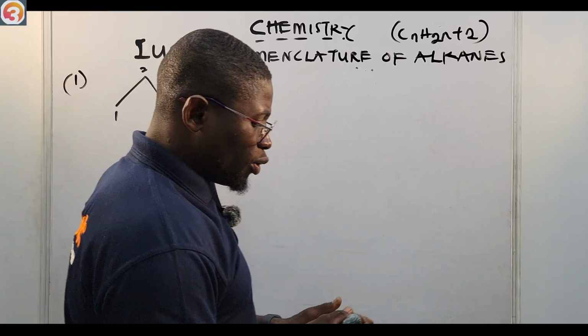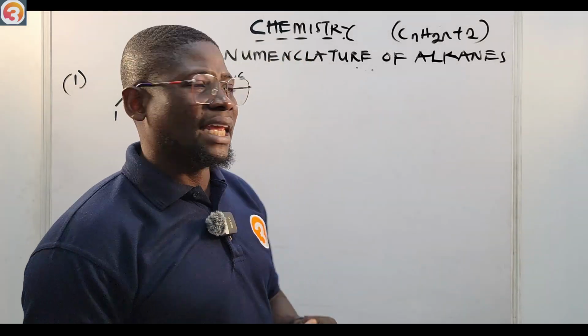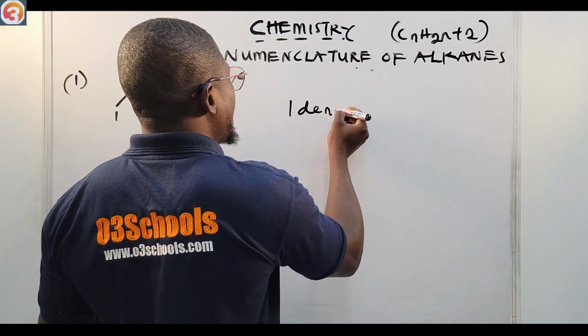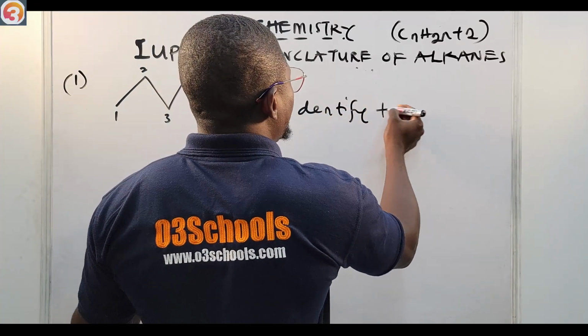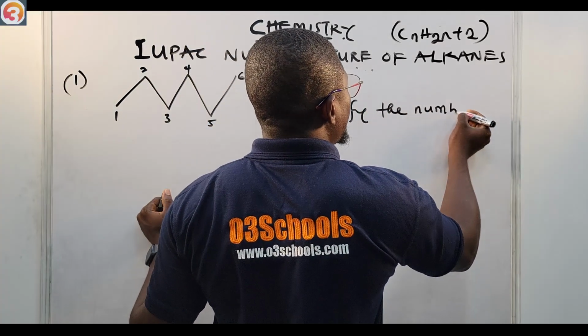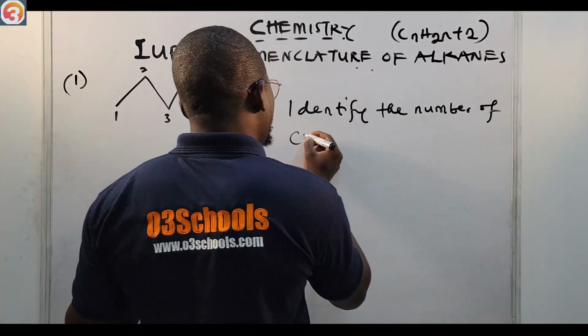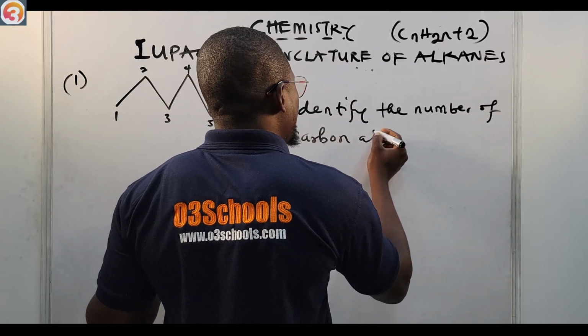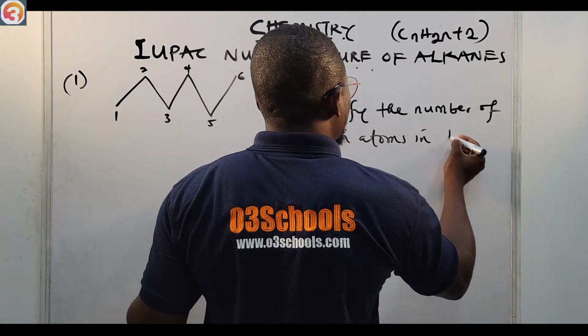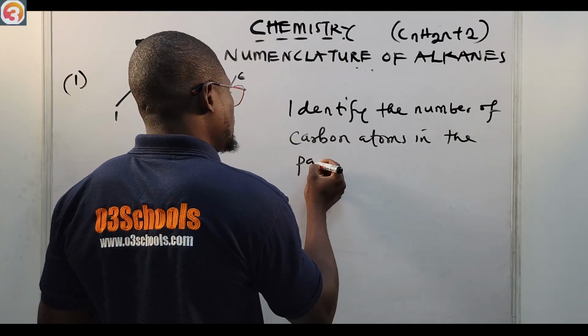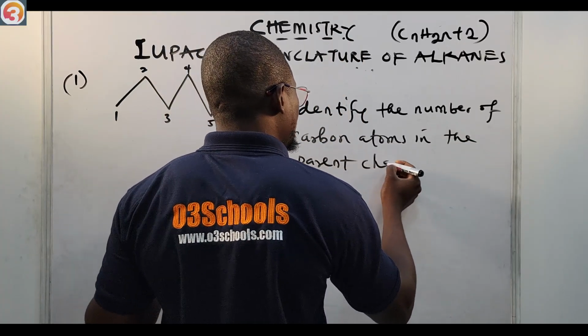First of all, the first thing that we'll do when we are naming alkanes is to identify the number of carbon atoms in the parent chain.